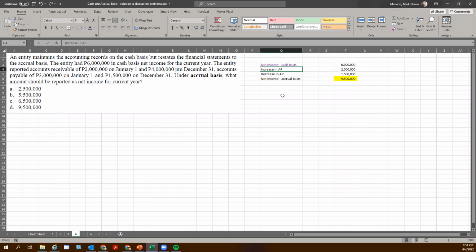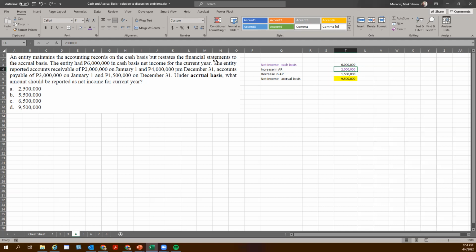Yung AR natin, we have 2 million beginning and 4 million ending. So, ang increase in AR natin is 2 million. So, from 2 million na beginning, nag-increase siya ng 2 million para magkaroon ka ng ending balance of 4 million. No? So, that's 2 million increase.